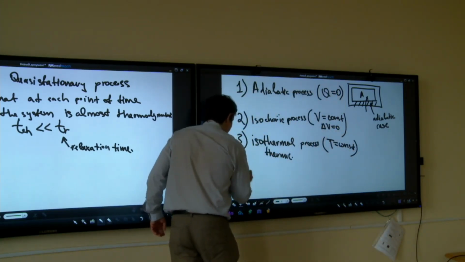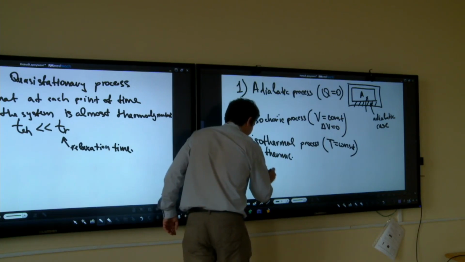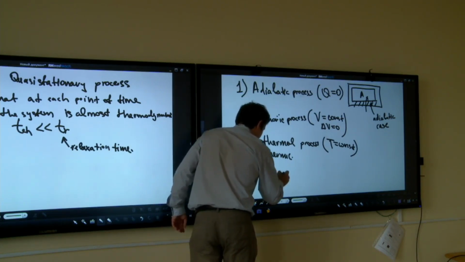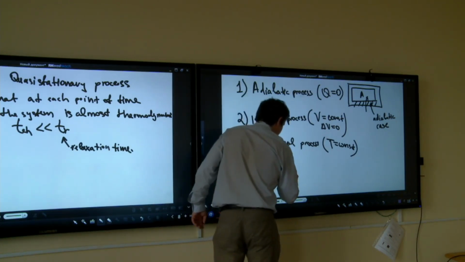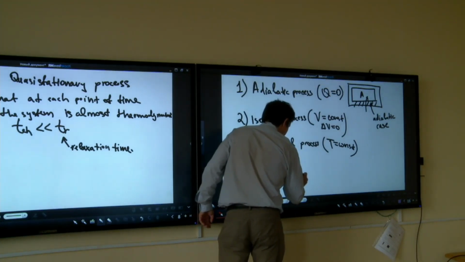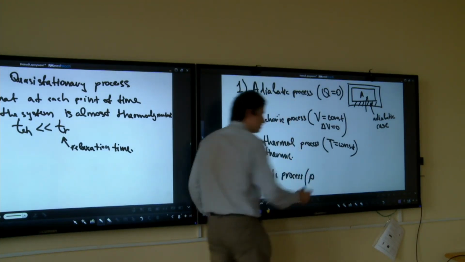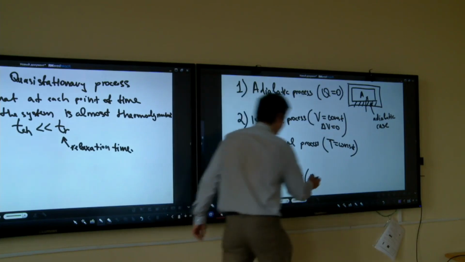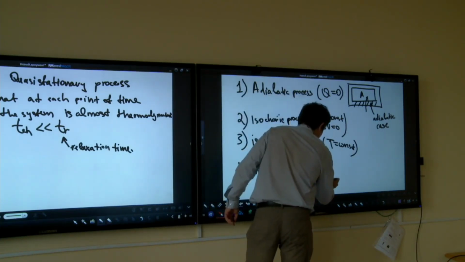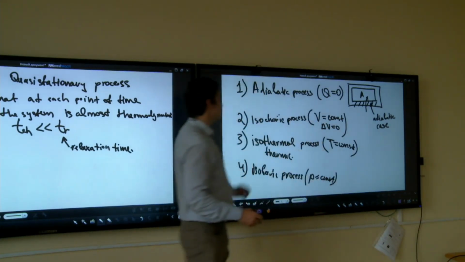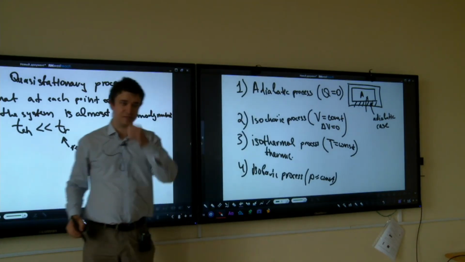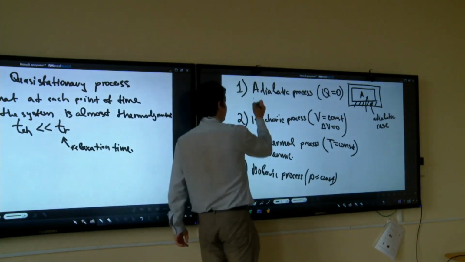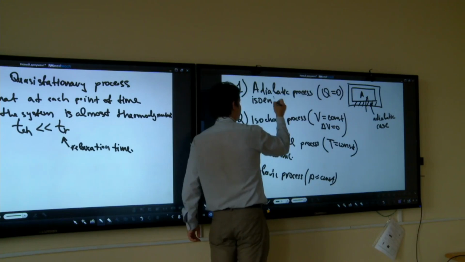Another process is constant pressure. And sometimes an adiabatic process is called an isentropic process.